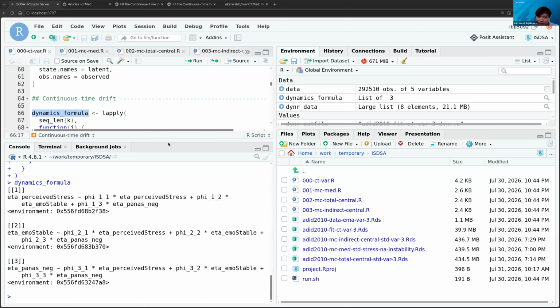I have three formulas here corresponding to the three latent variables: stress, emotional stability, and negative affect. And then I have phi with a number, where the first number is the row and the second is the column in the drift matrix, multiplied by the latent variables. So you have your drift matrix and then a vector of your latent variables.